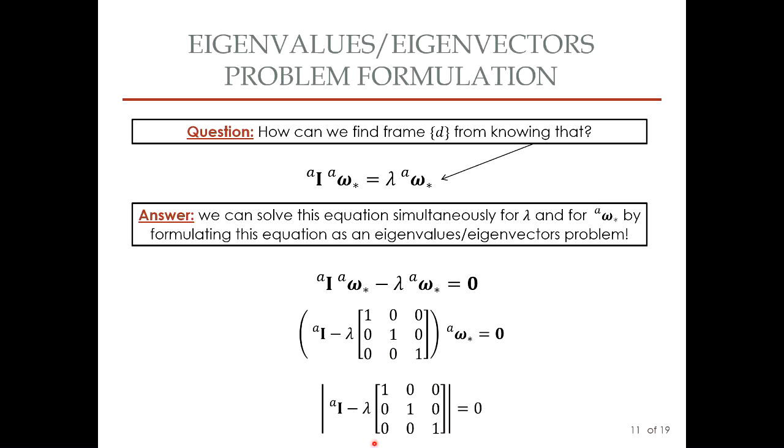When you calculate the determinant, you will have a third order polynomial with three solutions for lambda, all of them existing, and all of them real, not imaginary.